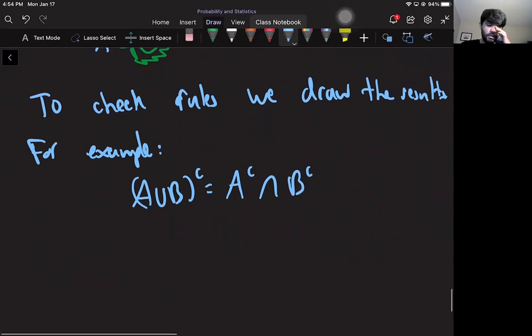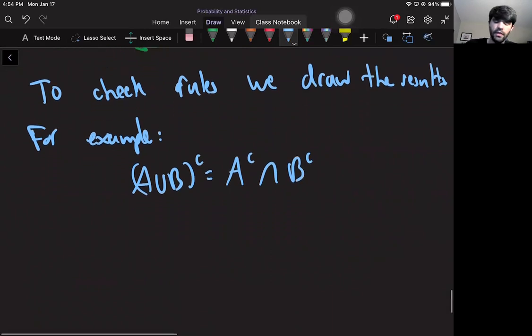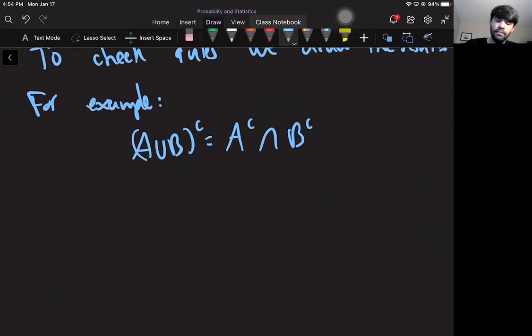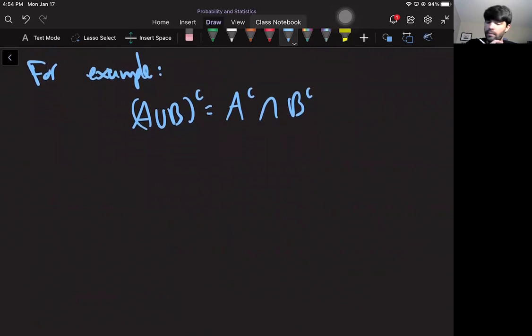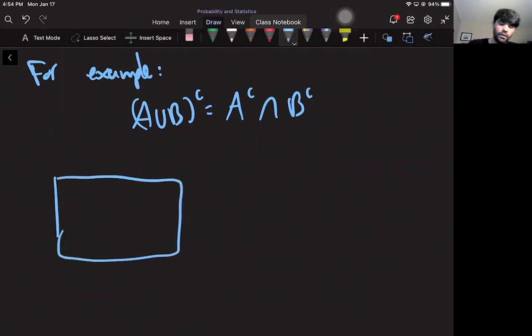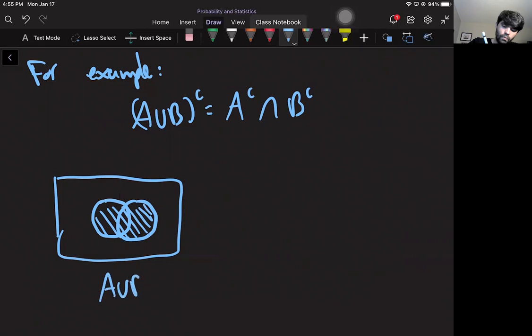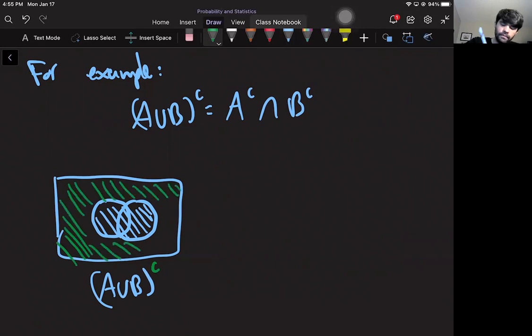So this is saying that if I union two things and then I complement it, it's going to be the same as if I intersect the complements individually. So on the left here, what does this look like? Well, now I have two sets, so I've got to draw both of them. And the complement of the union, so this is the union. And now I'm just going to complement it, which I'll do in green, which means I want to shade everything that's not in there. So that's going to be all this stuff in green here.